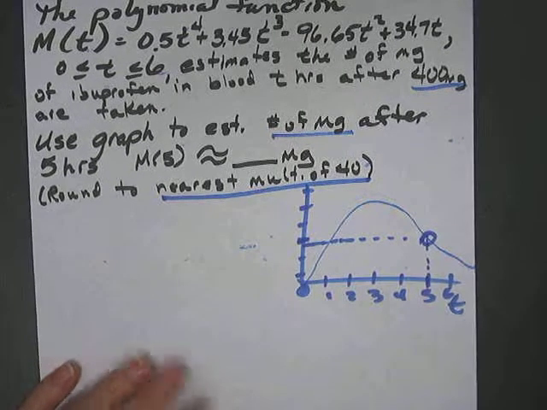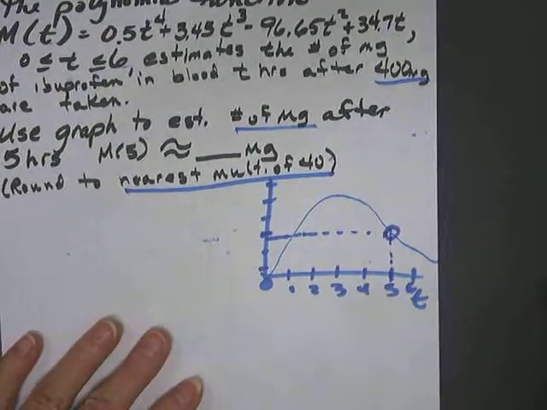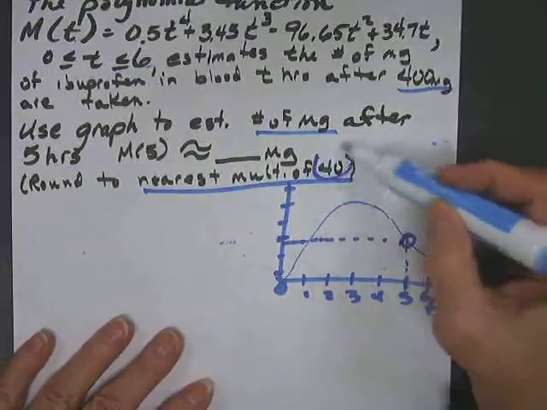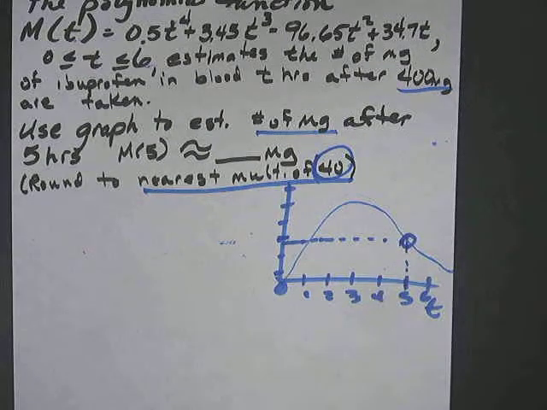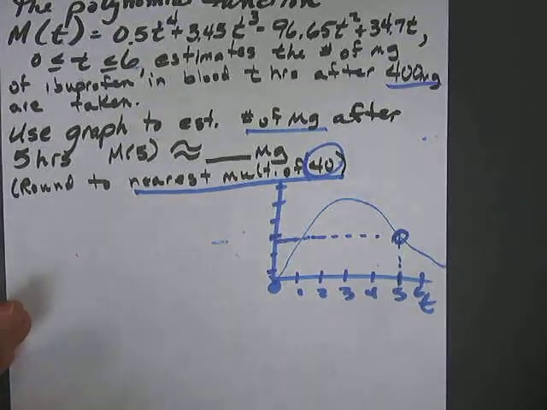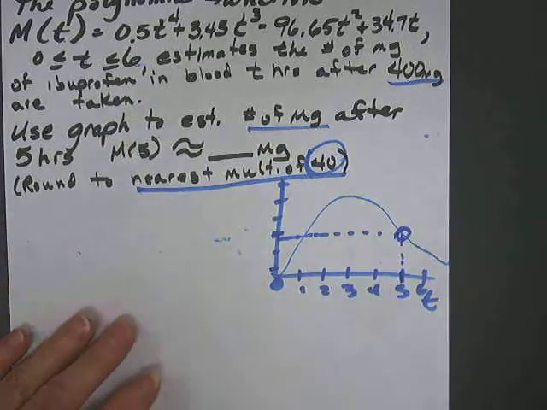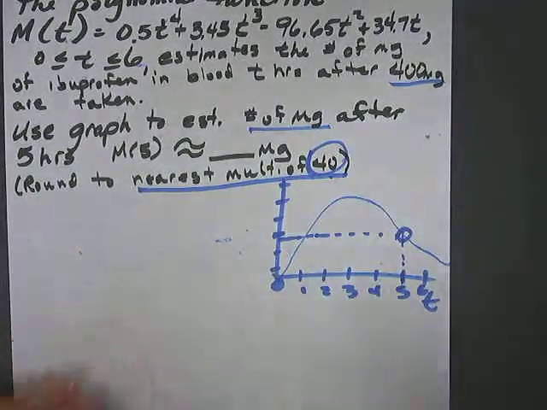It doesn't fall exactly on a number, but it tells you to go to the nearest multiple of 40, so you can get the exact answer they have on the test. Make sure it's a multiple of 40.